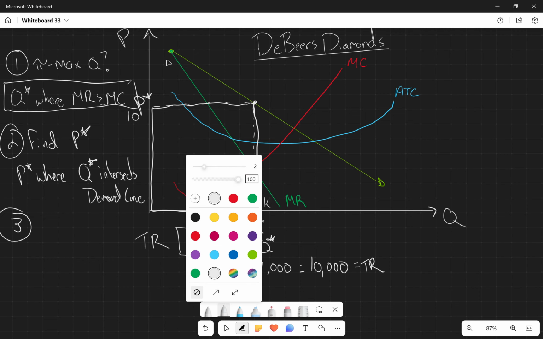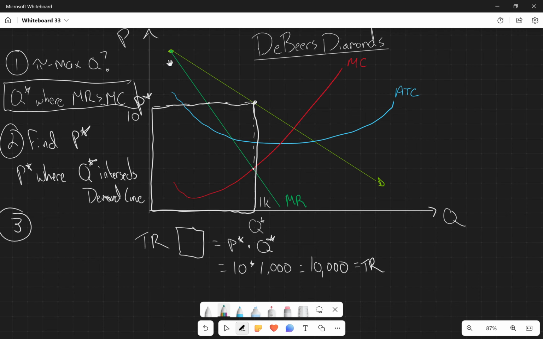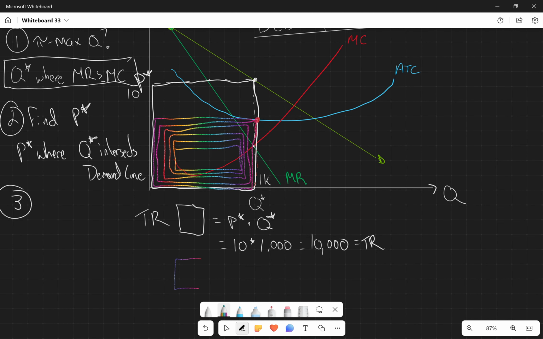Then I want to figure out what's going on with my total costs. Well, I have to find where my Q star intersects with my average total cost. Then I'm going to draw a rectangle there, and this is going to be my total cost. So that'd be like $8? Yeah, exactly. We'll just say it's 8 or something like that. And so this is going to be 8 times 1,000.